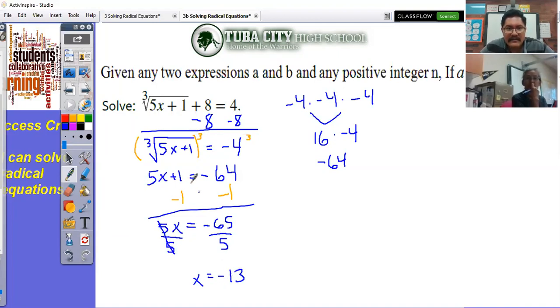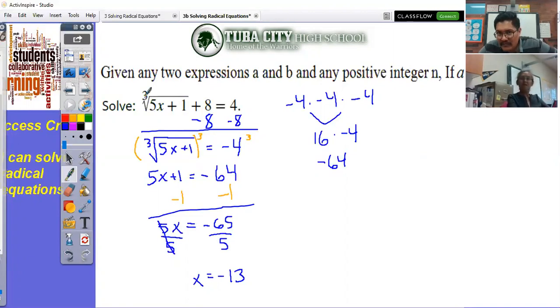So take negative 13 and plug it in where x is. Again, I'd like to write the whole thing out, but just writing it takes a long time. 13 times 5 is negative 65, because I need the negative in there. So negative 65 plus 1 is negative 64.